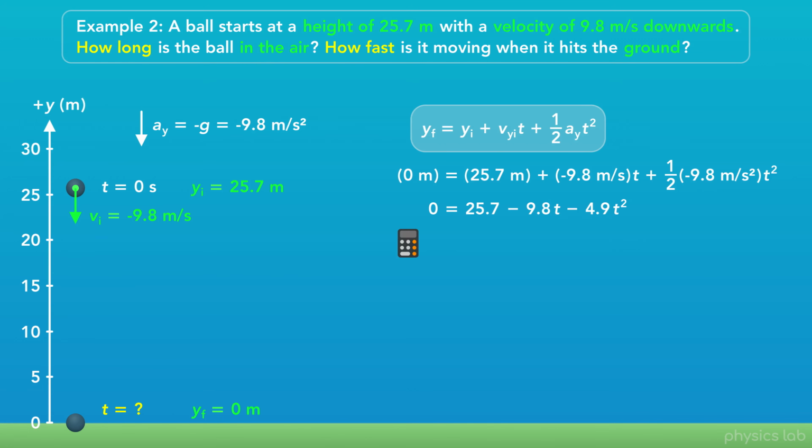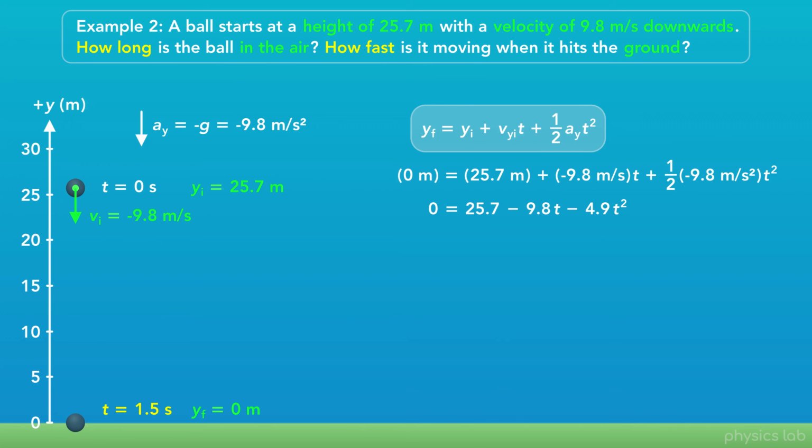If you have a calculator with a solve feature, you can plug in this equation and ask it to solve for t. If we do that, we get two values for t, positive 1.5 seconds and negative 3.5 seconds. Since we're looking for a positive time value, a time later than 0 seconds, the answer would be positive 1.5 seconds. We'll explain that more in a second.